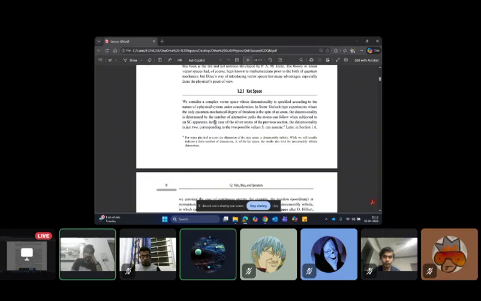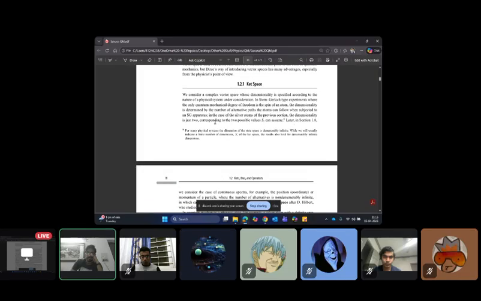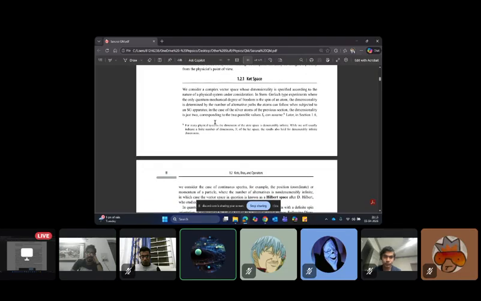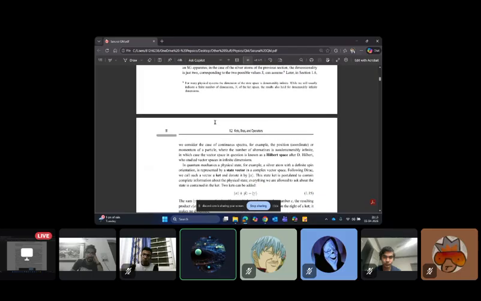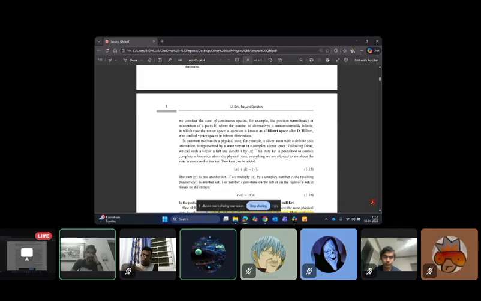In the case of the silver atoms of the previous section, the dimensionality is just 2, corresponding to the two values S_z can assume. That's positive and negative. Later, in section 1.6, we consider the case of continuous spectra. For example, the position coordinate or momentum of a particle, where the number of alternatives is non-denumerably infinite. What does that mean?